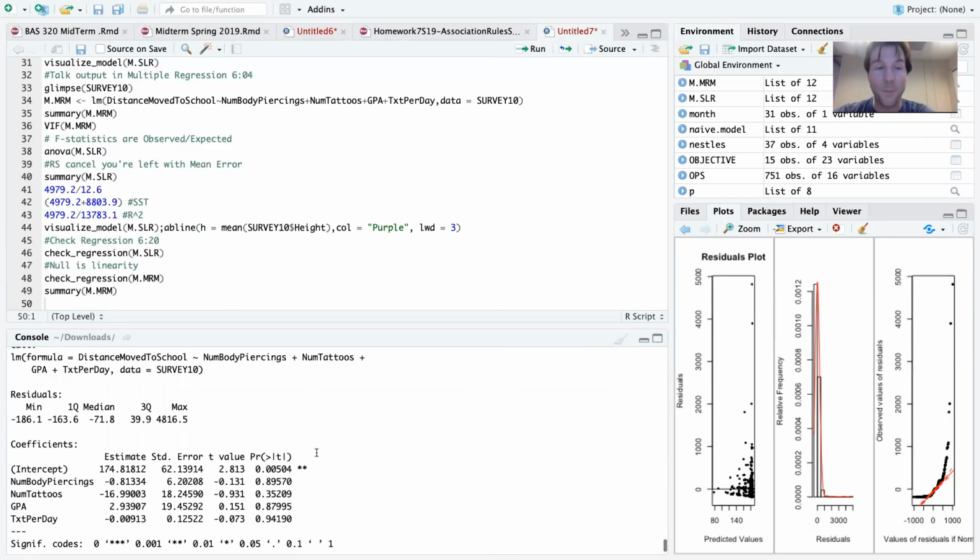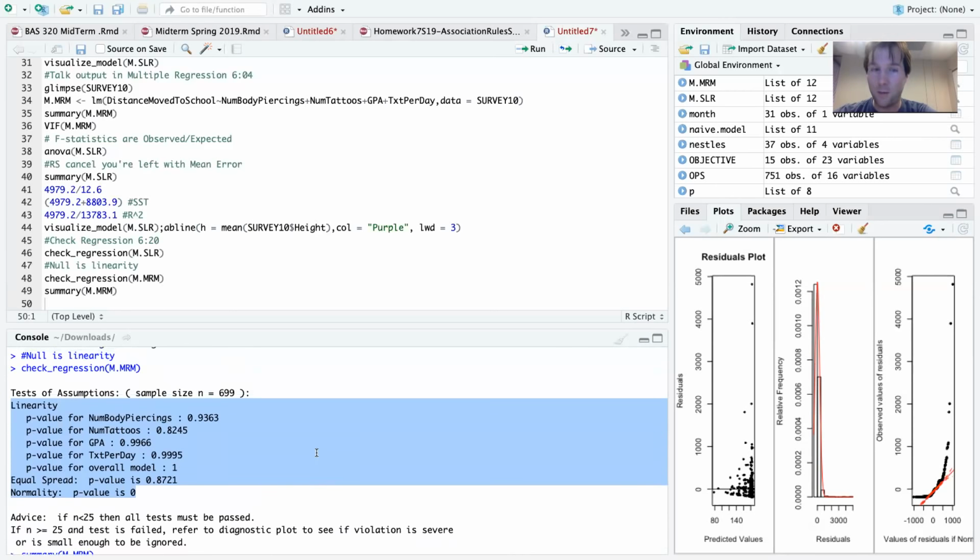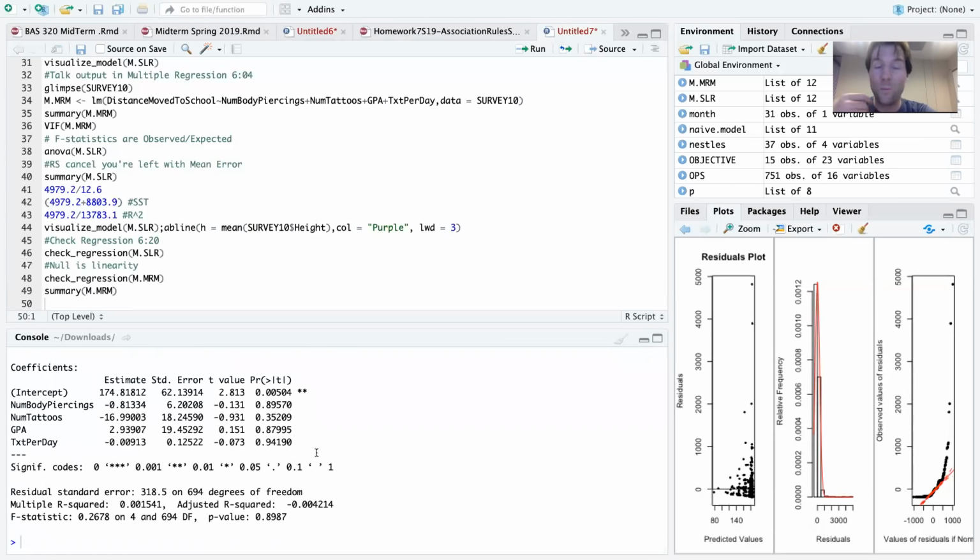And I'll repeat that again. These are the p-values to check the conditions in the multiple regression model, as in, is the relationship with number of body piercings linear enough? And the answer is yes. Down here, is number of body piercings significant in the multiple regression model? No. And be careful, you notice how they both have similar p-values, but what I'm saying about them is different, because in check regression, we're checking the conditions of the regression. And then in the summary, we're looking at the coefficients.